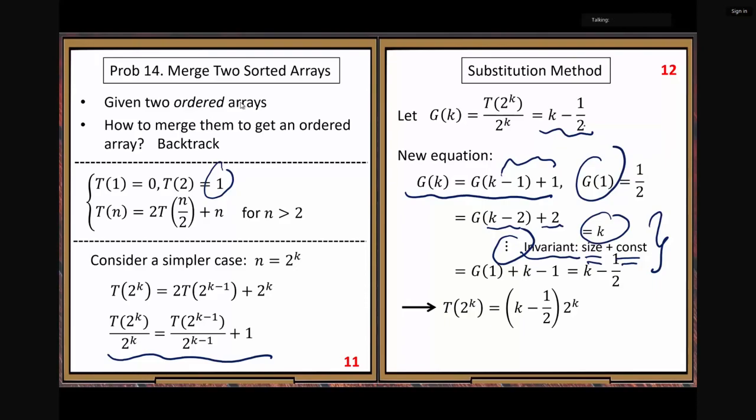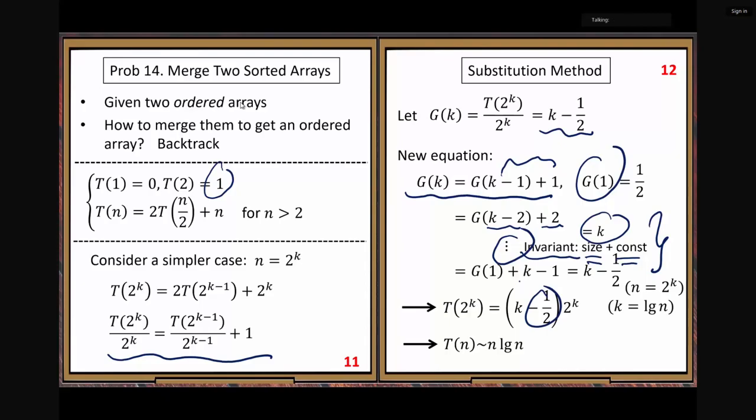But we need to go back to n. N equals 2 to the k, so k equals the log base 2 of n. So T of n is approximately this, and the 1/2 we can drop. No big deal, a small loss, but we can simplify a lot.